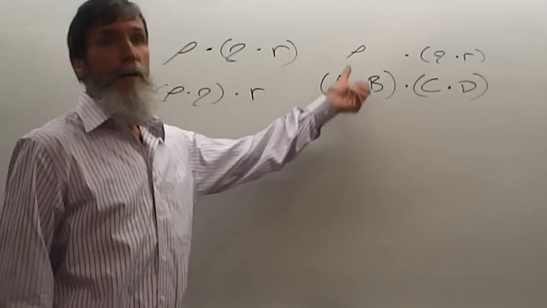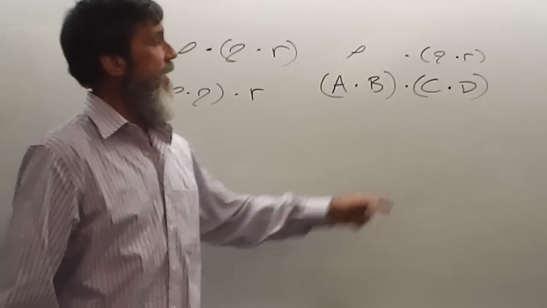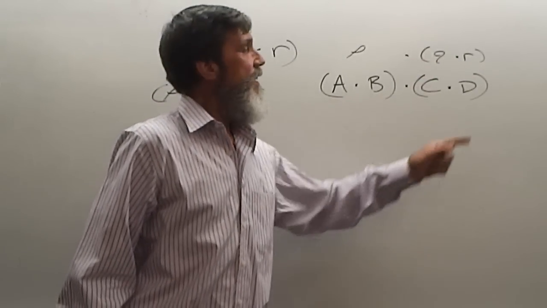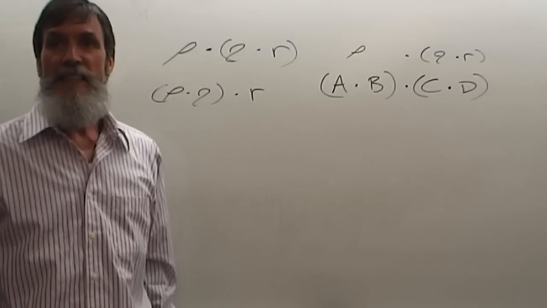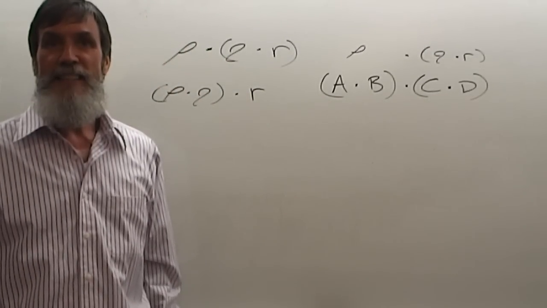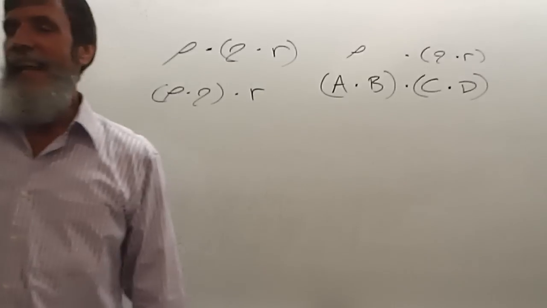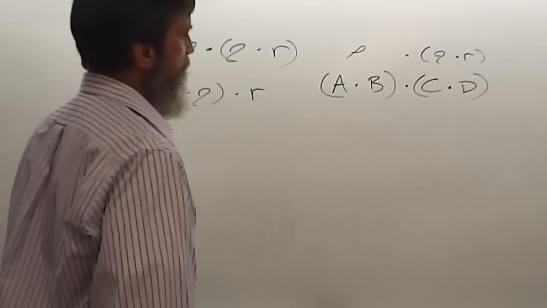Can I substitute A dot B for P? Yeah. Can I substitute C for Q? D for R? So does this count as a statement replaceable by association? Yeah. Okay, I'd like you to jot down, if you can, what would it look like if I replaced it?